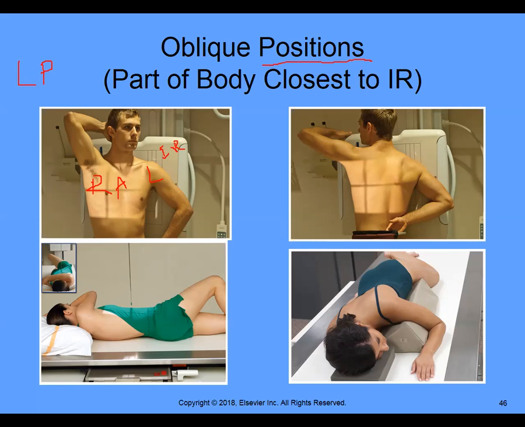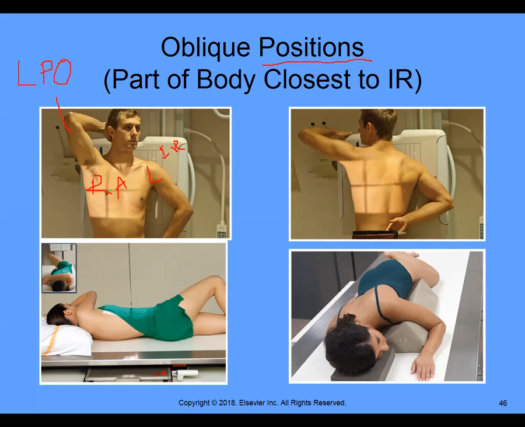And then this would be an oblique because we already know that he's rotated. He's not at 90 degrees, he's just rotated. So we're going to identify this one as an LPO because his left side posterior aspect of the body is touching the IR and it's an oblique.